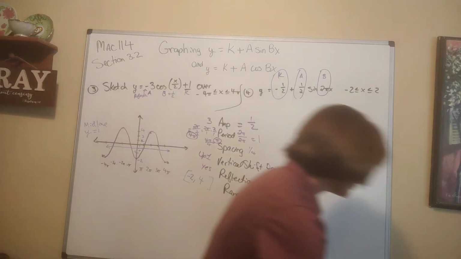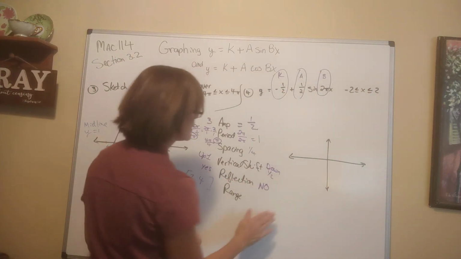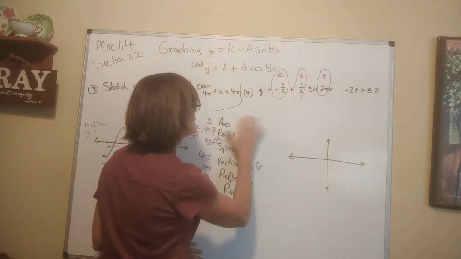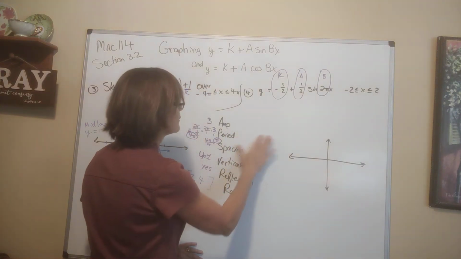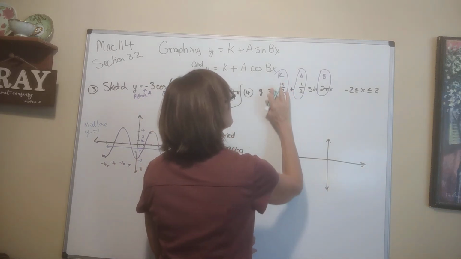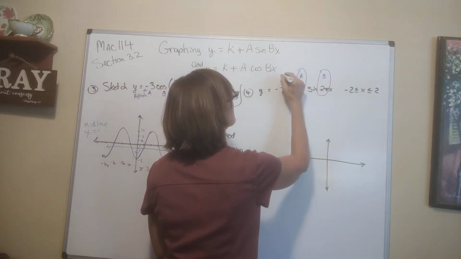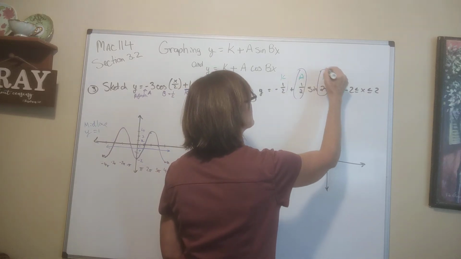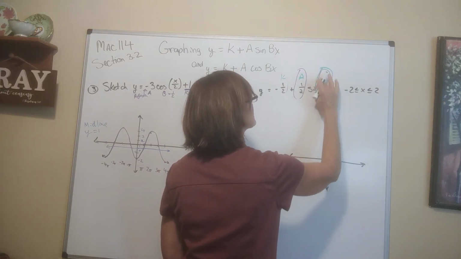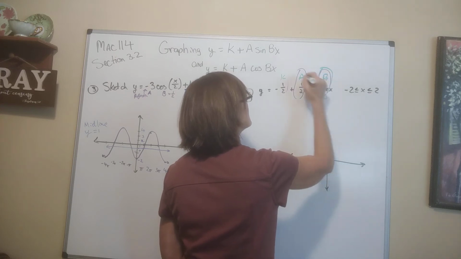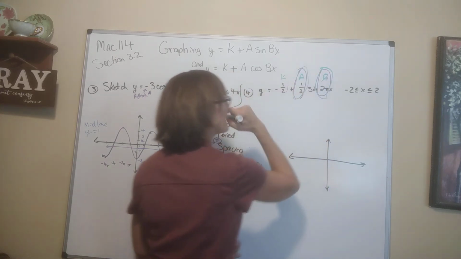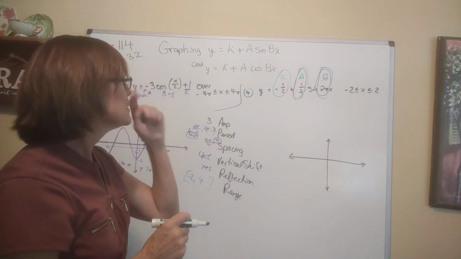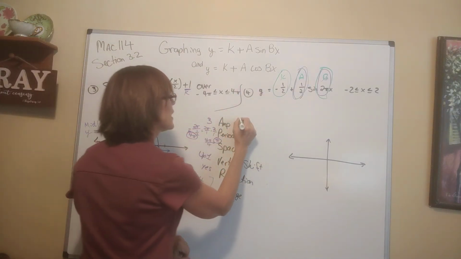I feel like I should change colors, so I'm going to write down the same things, but I'm going to make it green so that I don't get these mixed up. So let's see, I'm going to make you green, green, green. Oh, that's a B. That's A. Okay, and that's K. All right, so the amplitude we said was A is 1/2.